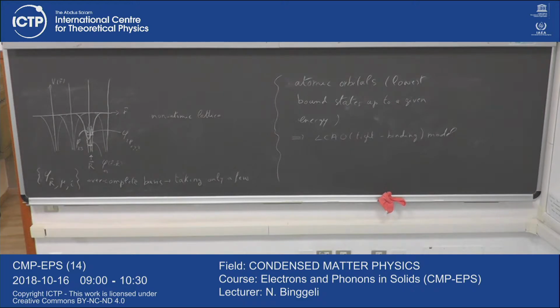So this is valid for core states or semi-core states, obviously, and also for states in ionic crystals, where the states are close to those of the ions that form the crystal.